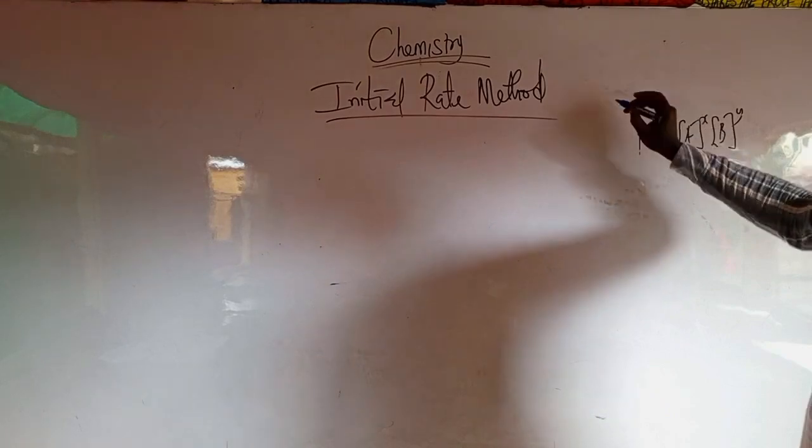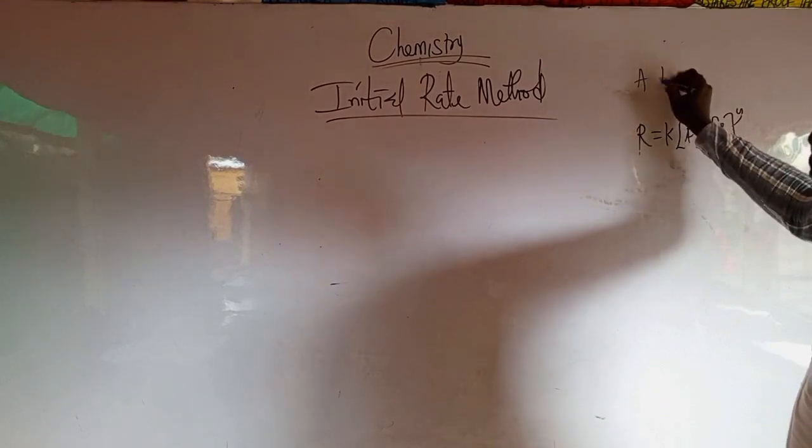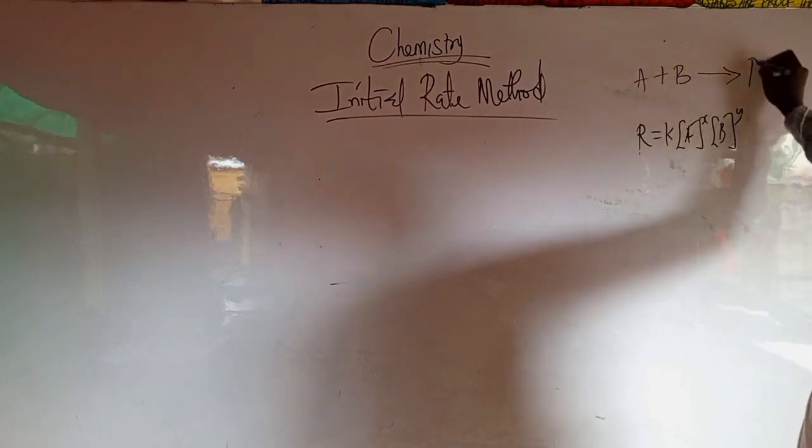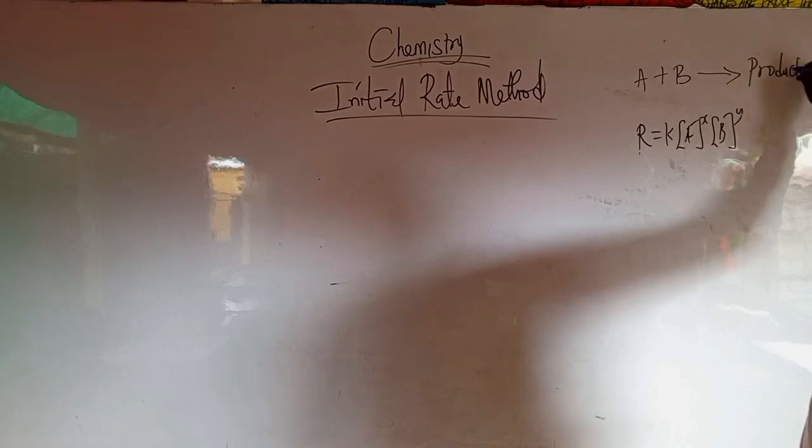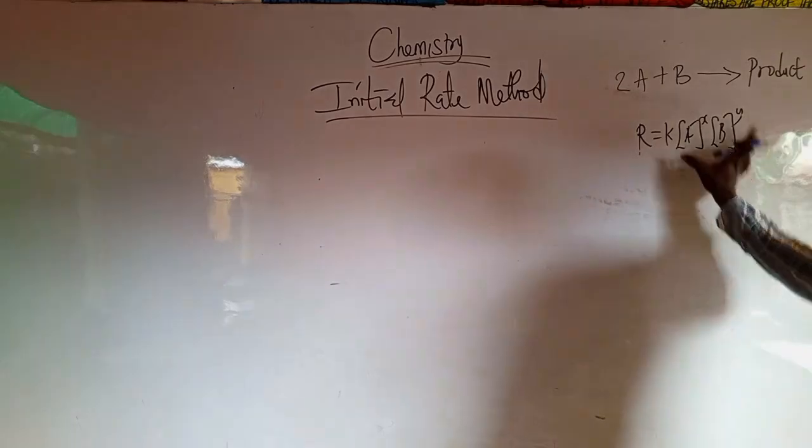For this chemical equation, when you have A plus B to give product, the rate law expression is given as this.